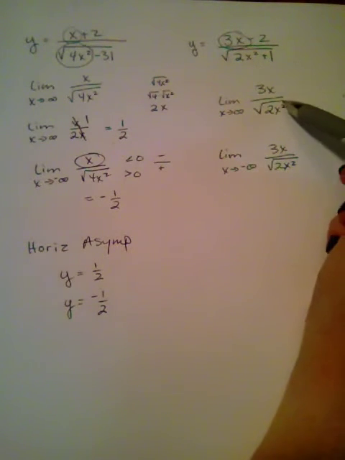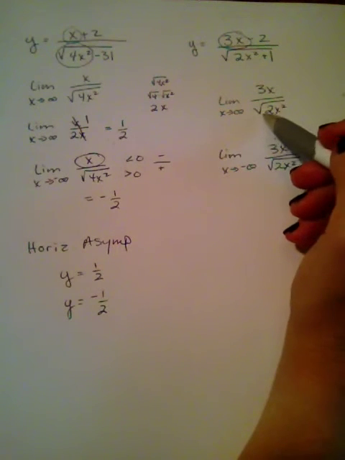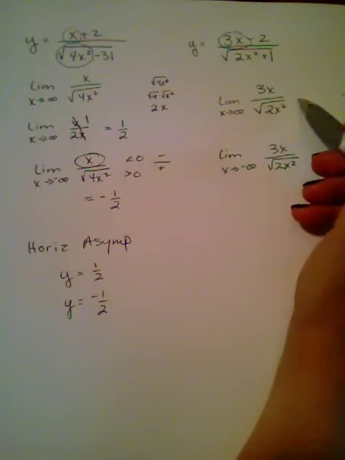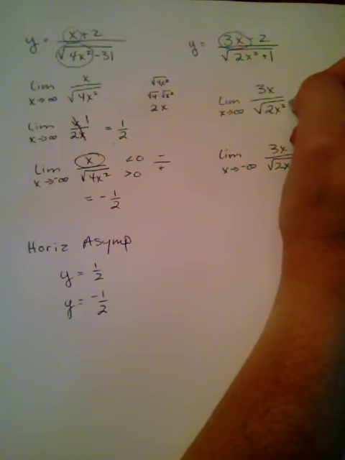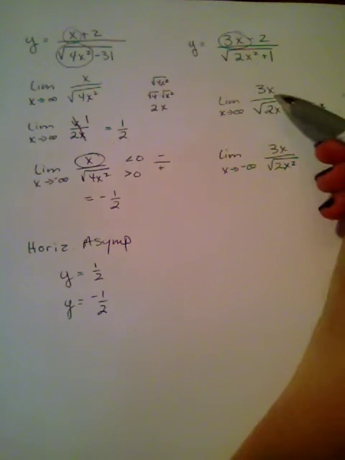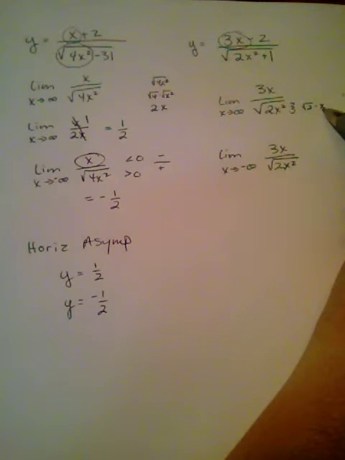Okay, so 3 times infinity is just infinity. Infinity squared, infinity times 2 infinity. Square root is another infinity. This denominator can be simplified to the square root of 2 times x. The square root goes to both, and then the square root of x squared is just x.